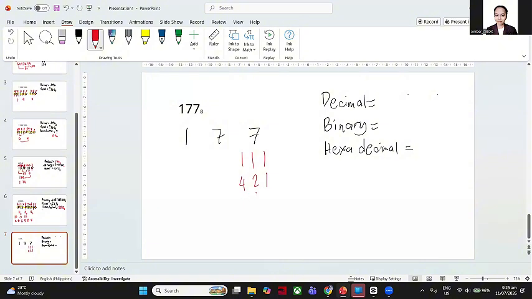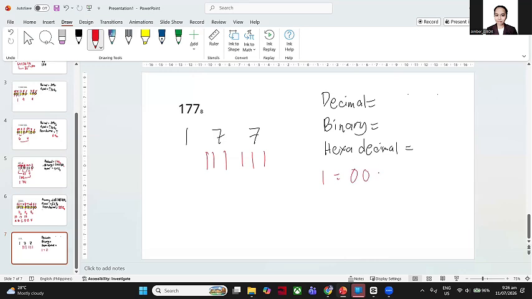4 plus 2 is 6. 6 plus 1 is 7. Okay, 4 plus 2 plus 1, same as the second group: 1, 1, 1. Now, as I said, there is a specific binary for each number.